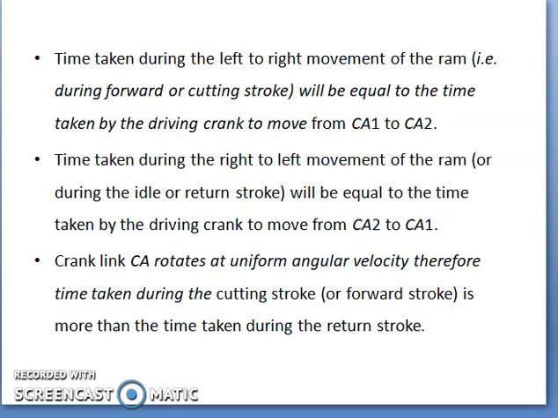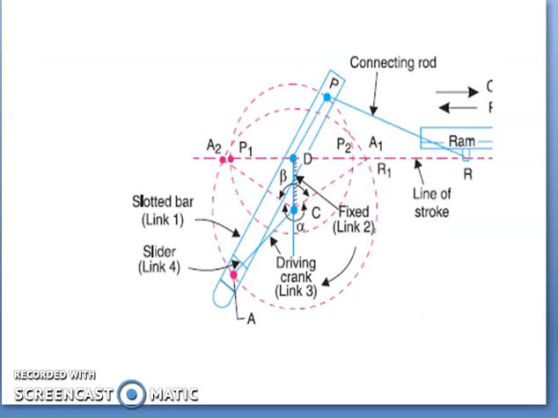The driving crank moving from CA2 to CA1 will be the time taken for the return stroke.